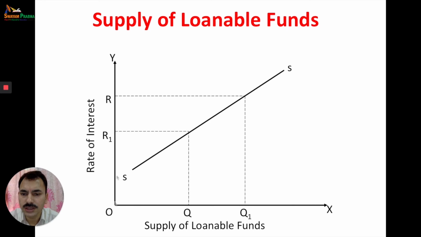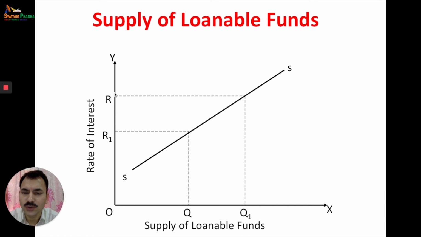We have already discussed this in classical theory, but there it was supply of capital only; here it is supply of loanable funds, but the relationship is almost the same. At rate of interest OR, supply of loanable funds is OQ.